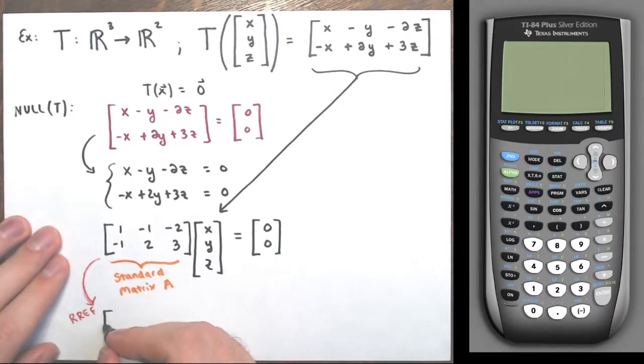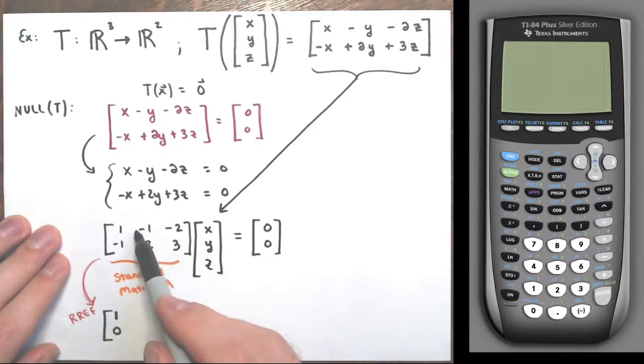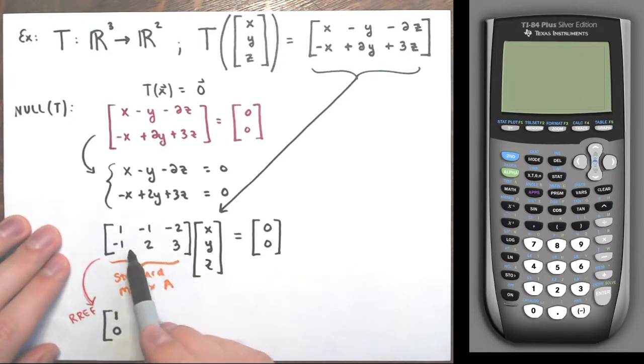Now it's only 2 rows, not much going on here. I can keep that 1 as a pivot, and I add this to the next row, that would make 0 below it. If I add the first row to the second row, it would be 0, 1, 1.